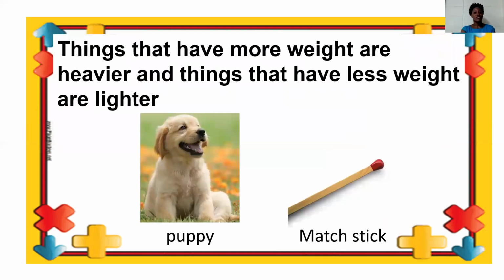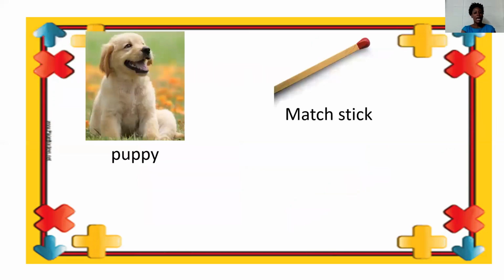In this picture, we have a puppy and a matchstick. Which one is heavier? Yes, that's right. The puppy is heavier than the matchstick. Can we write sentences using heavier and lighter to describe them?